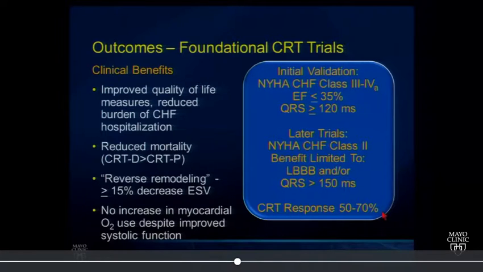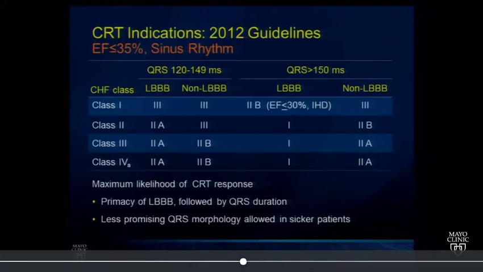And the CRT response that you can anticipate for your patients is about 50 to 70% in all these trials. So here's the table that we need to learn to know which patients can be offered CRT and which ones can't. And I would suggest that you draw a line here between class 2 and class 3 to help you memorize the table.